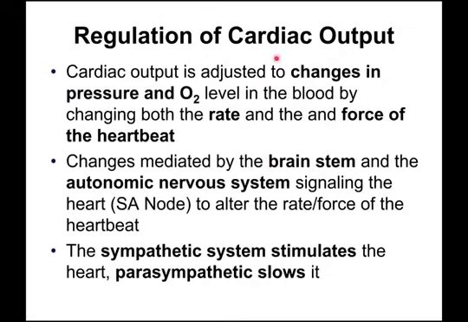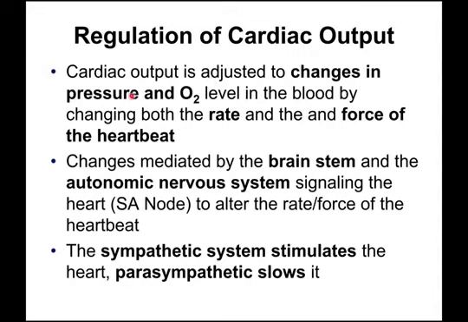Now, what is controlling the cardiac output? There are different things. The main two things are the pressure of the blood and the oxygen level, which then have an effect on the rate and how strong the heart is controlled. In the next slide, we see how these two factors, pressure and oxygen, are detected in the blood vessels.